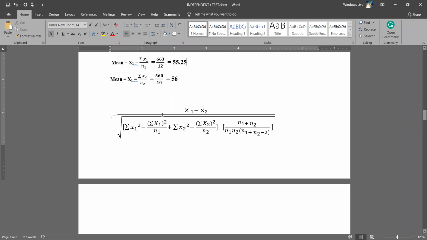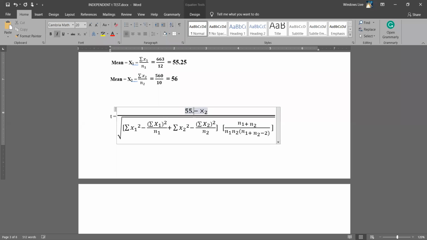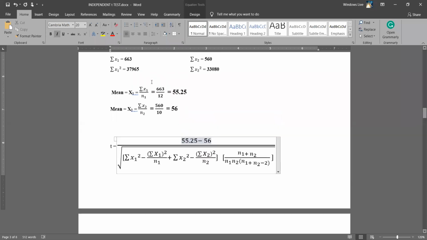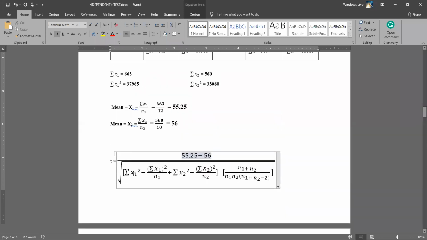Okay, so let's do it ourselves here. We had mean 1 to be 55.25. Then mean 2, we had it to be 56. Then you go and trace sigma x squared for group 1.